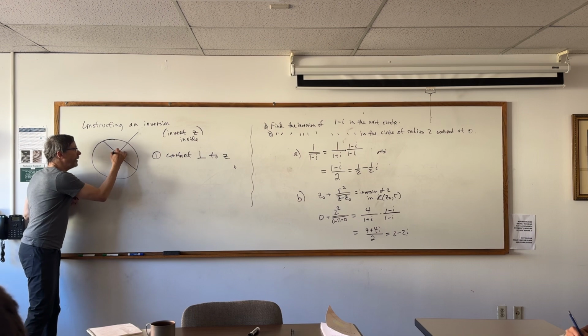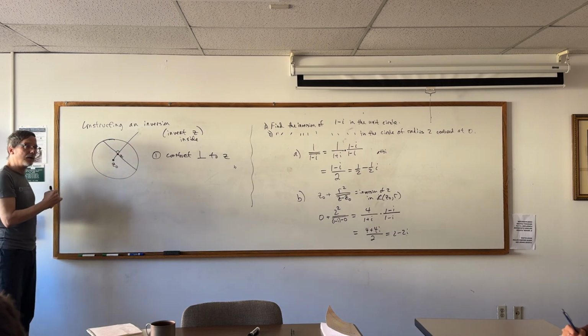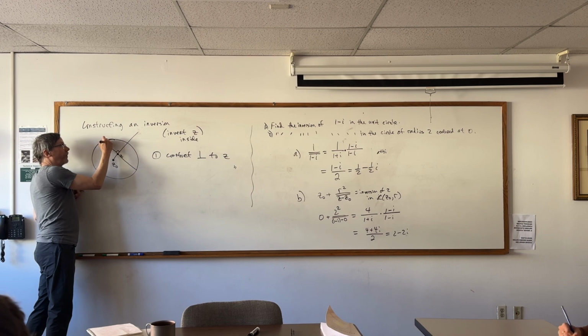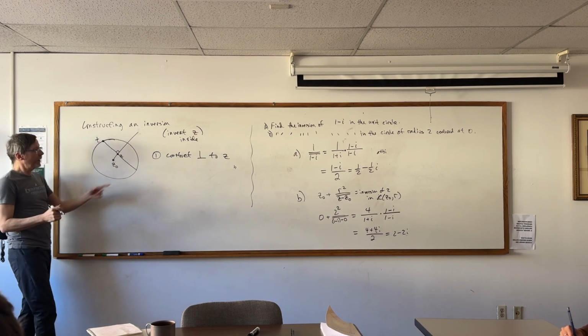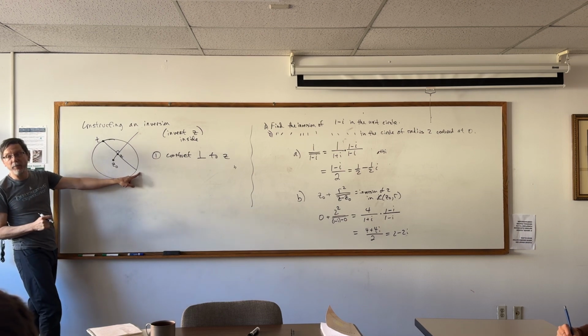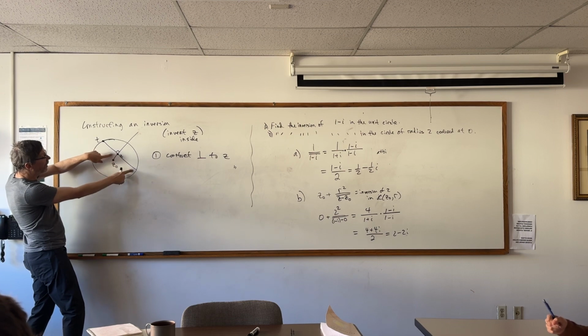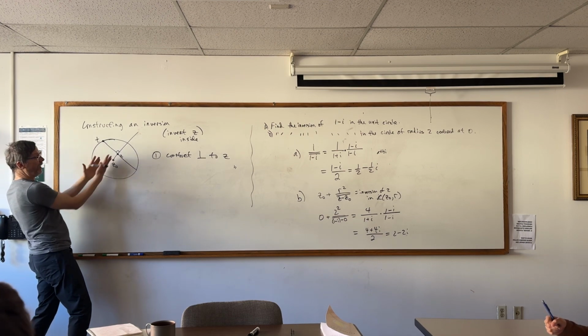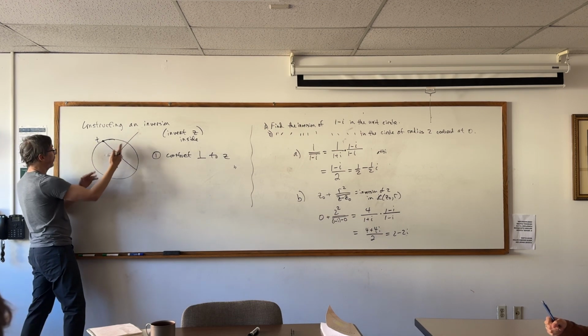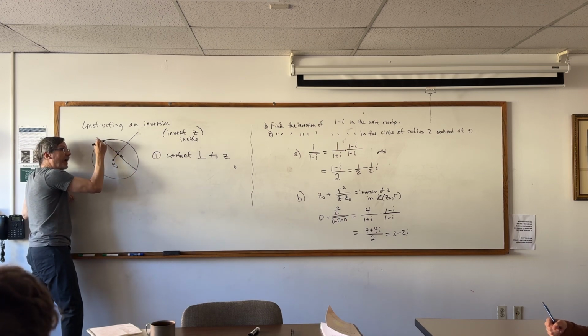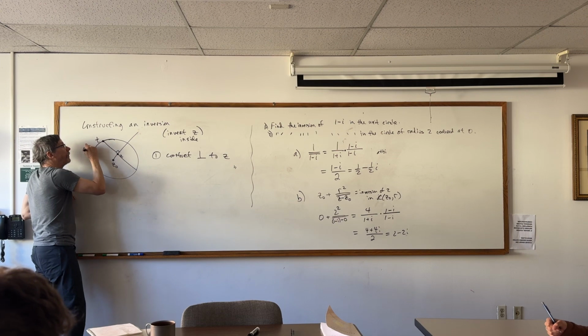This is a 90-degree angle right here, and that will intersect the circle at two different points. Let's say it intersects at a point T over here. You could use either one of these points. It all works out the same because this distance here is the same as this distance here. It's a nice symmetric situation, so it's quite beautiful. And then take the tangent line to the circle through T.